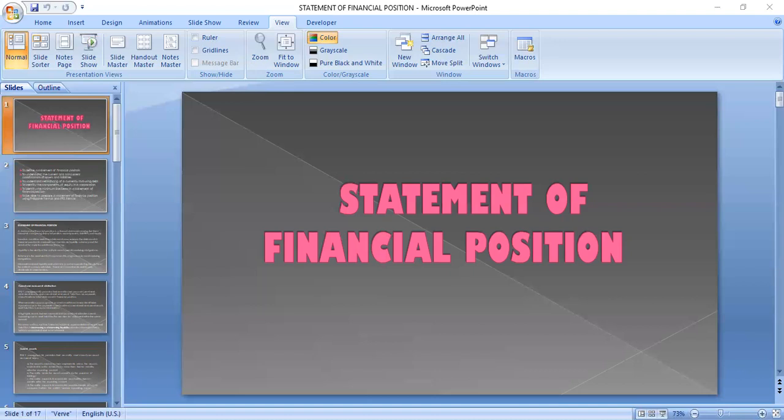Now, how do we present current assets? They are usually listed in the statement of financial position in the order of liquidity. Liquidity would mean which of the assets are easily convertible to cash.